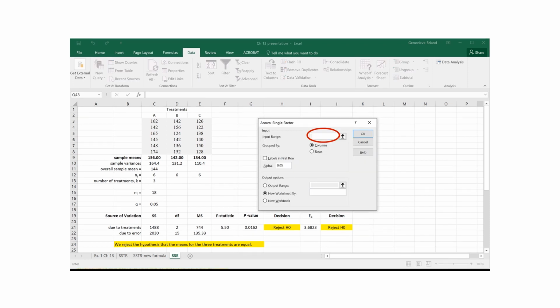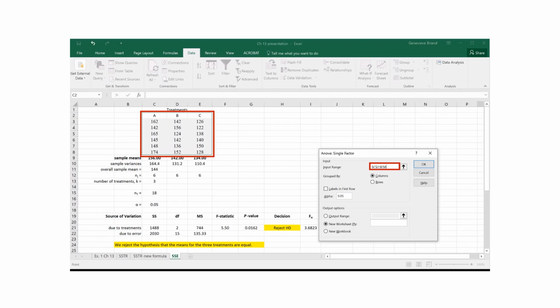Place your cursor in the Input Range window. Then with your cursor, select cells C2 through E8. So this selection should include your column labels in the first row of the selection, and your data. You can just type the cell range in the Input Range window.